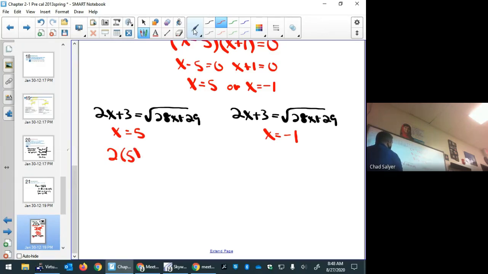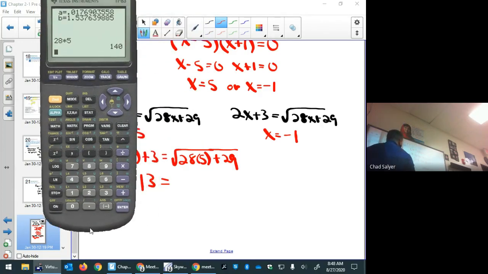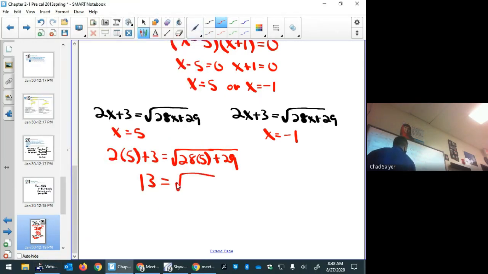First of all, for x equals 5. So that's 2 times 5 plus 3 equals the square root of 28 times 5 plus 29. So 2 times 5 is 10 plus 3 is 13. 28 times 5. It's off the multiplication tables there. 140 plus 29 is 169. And so that's true.